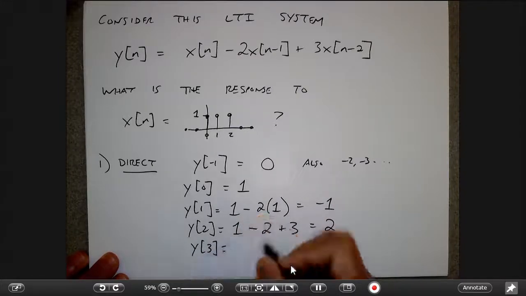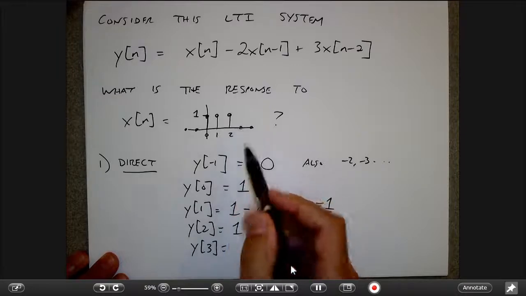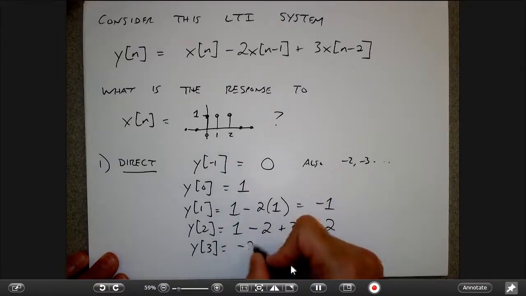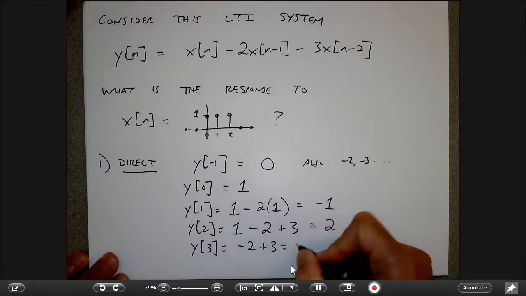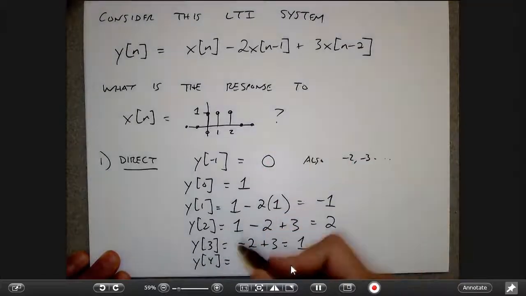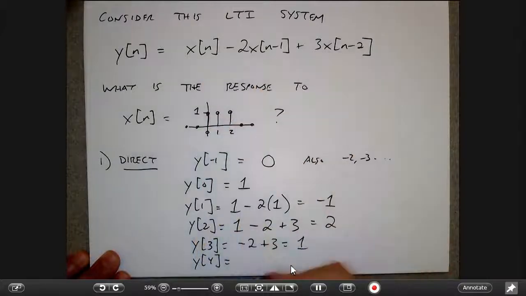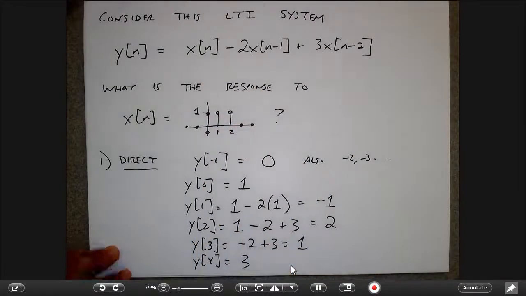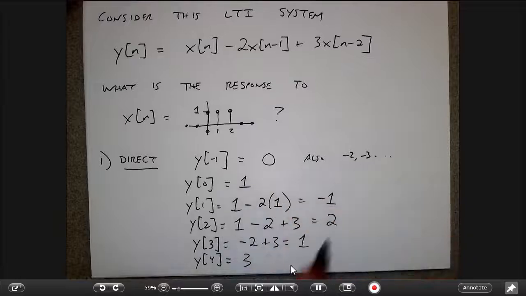Y of 3 would be x of 3, which is now, again, off the signal on the other side, so this is 0. Then I have minus 2 plus 3 equals 1. And y of 4 is, x of 4 is 0, x of 3 is 0, 3 times x of 2 is 3. So I end up with a list of numbers.